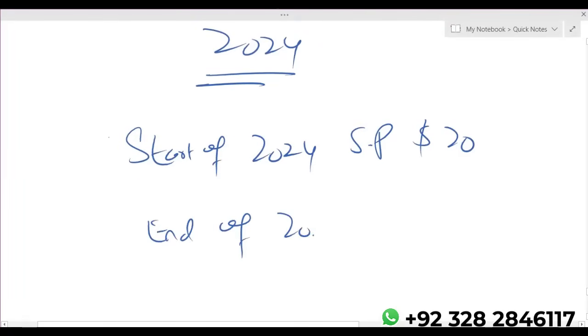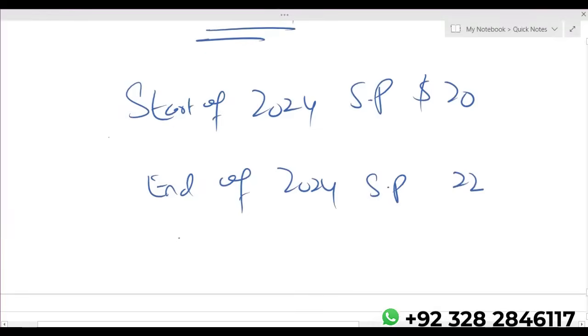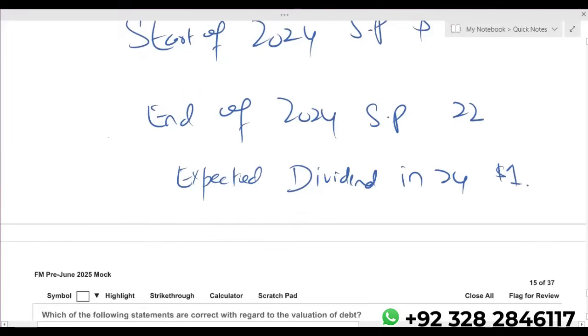End of 2024, share price is 22. Expected dividend in 24 is, let's say, that is going to be 1. And I'm asking the shareholders return. How will you calculate shareholders return?